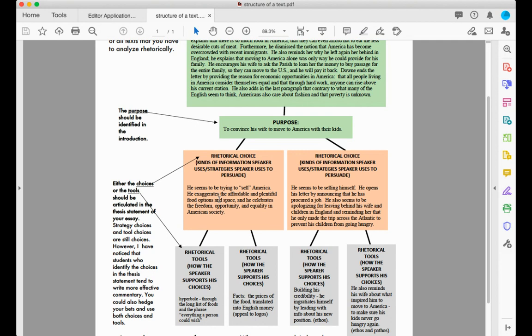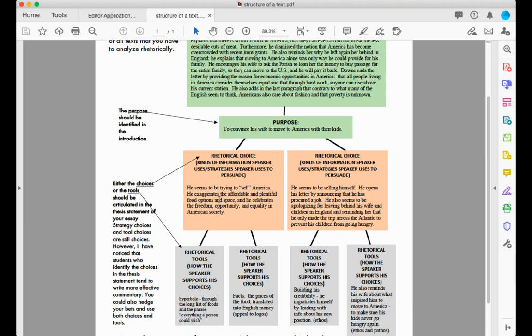So, for example, in the down letter, there's lots of evidence that suggests he's trying to sell America as this great land. There's also lots of evidence that suggests he's trying to sell himself as a great person, a reliable father, and someone that they should rely on and can come to. So those are the choices.